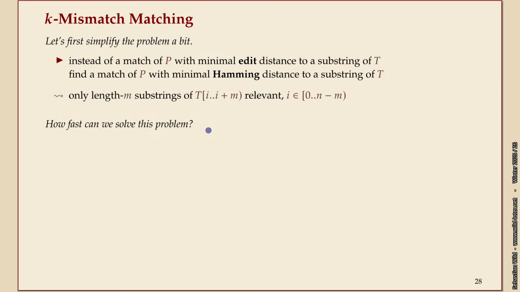Now you can ask this problem in 2 different ways. One would be you're only interested in finding one match with the minimal Hamming distance among all possible matches. Or you could say I'm supplying a threshold and I want to see all matches where the Hamming distance is below the threshold.